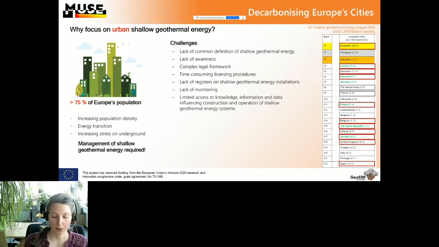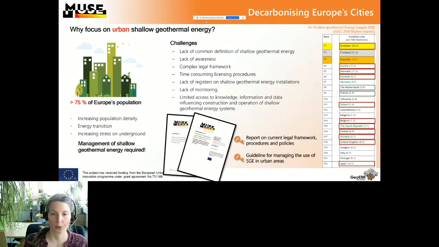At the beginning, we looked for all barriers and challenges that restrain a more widespread application of shallow geothermal energy. So for example, there is a lack of a common definition of shallow geothermal energy, and some countries don't have a legal definition of this technology, and some legal frameworks are rather complicated with time-consuming licensing procedures.